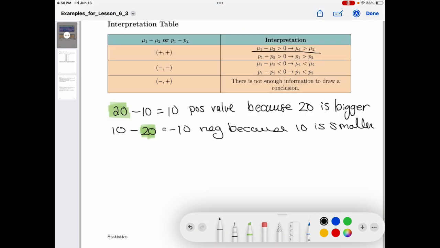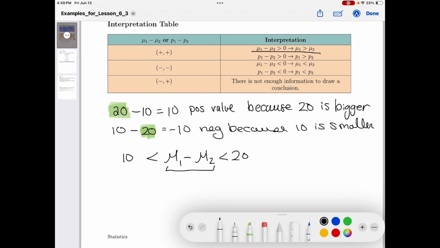Now, if I apply that idea to our population parameters, let's say I take mu1 minus mu2, and I say that mu1 minus mu2 is between 10 and 20. That tells me, because mu1 minus mu2 is between two positive numbers, that mu1 minus mu2 itself, if I knew what those values were and I subtracted them, has to be positive.